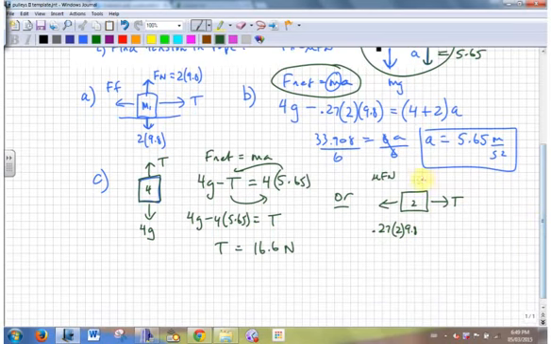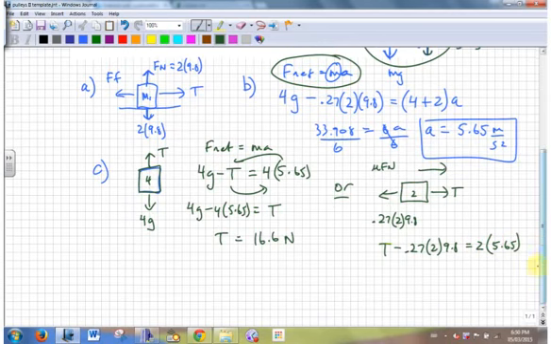Now this guy is going that way, so tension is bigger than the force of friction. So I want to subtract force of friction from tension, and that's what this mass times the acceleration is.